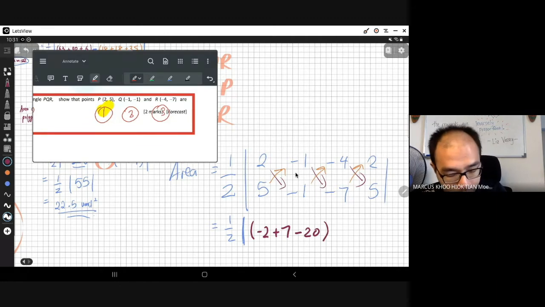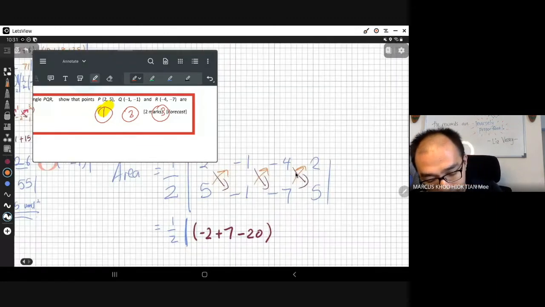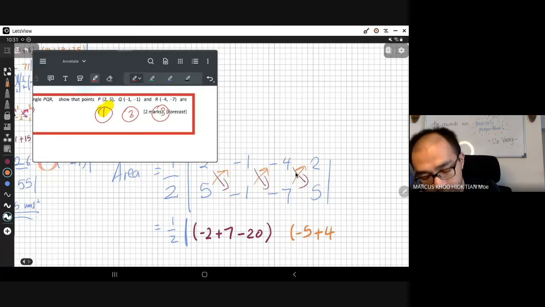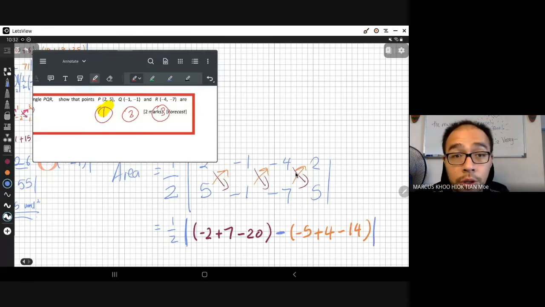Orange team: 5 times -1, -5, -1 times -4 plus 4, -7 times 2, -14. Close.